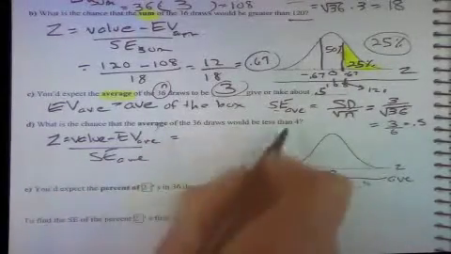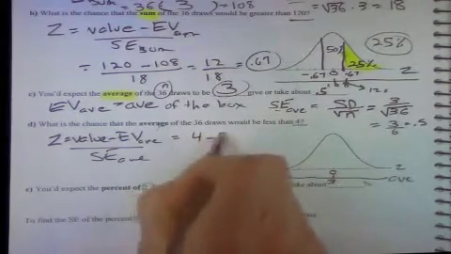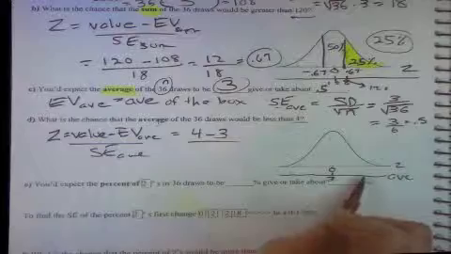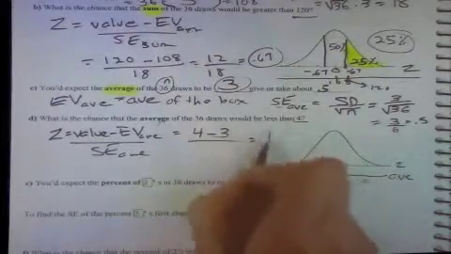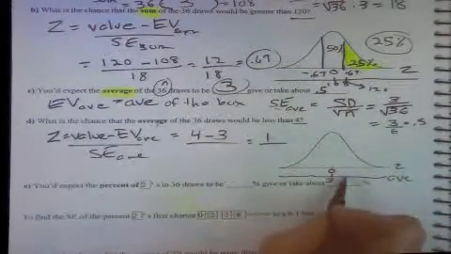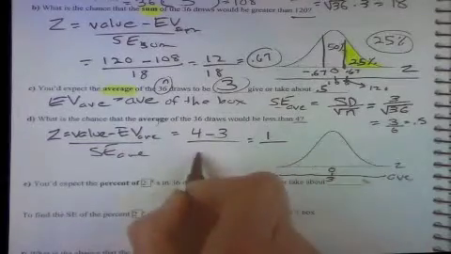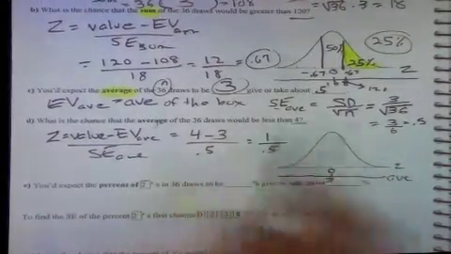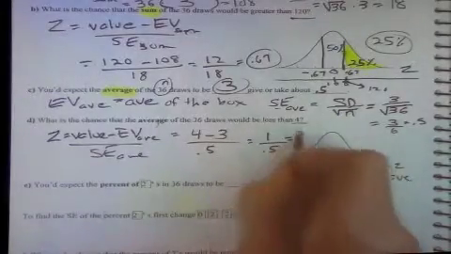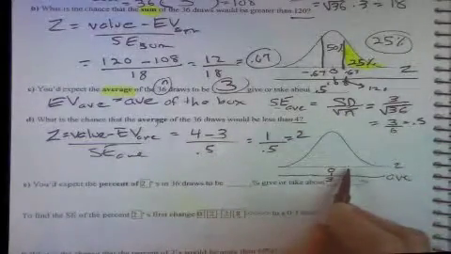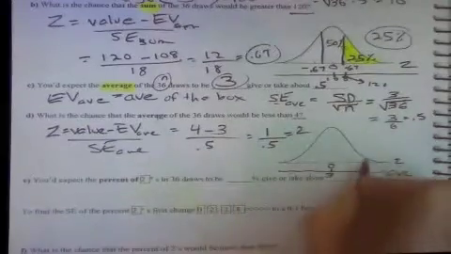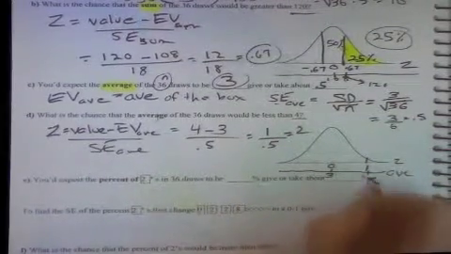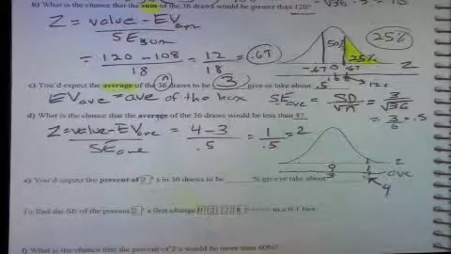So we have 4 is our value, minus 3, it's 1 above. But 1 above is how many standard errors? 2, because the standard error is a half. So it's 2. This would take you to 3.5, and this takes you to 4. That's what that is.